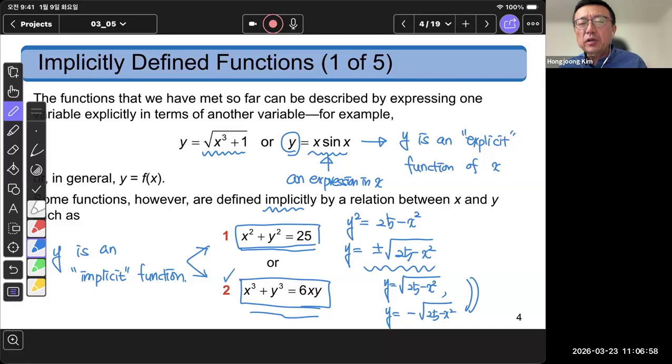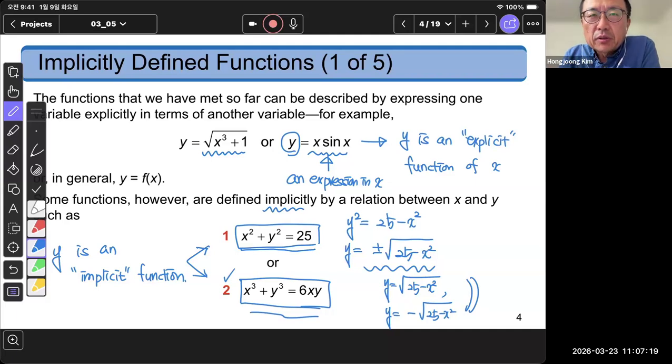But we need to study some technique for the second equation. But anyway, the point is that if you have an implicit relation, you can sometimes go back to an explicit relation easily, but sometimes that may be challenging or almost impossible.